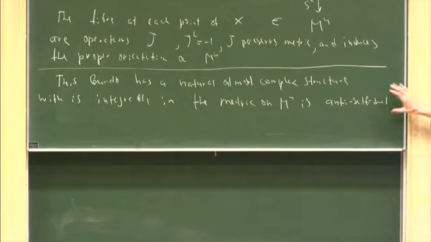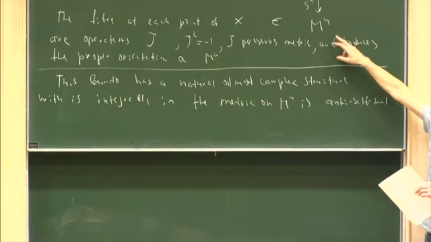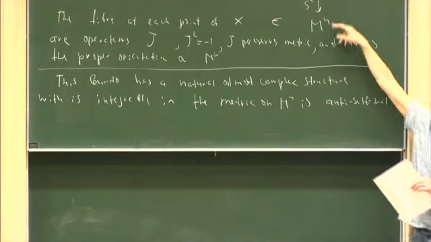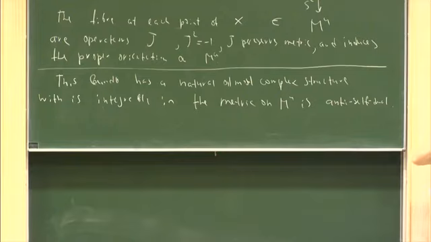And in this particular case, we get a certain complex manifold, complex three-dimensional manifold from a four-dimensional manifold.